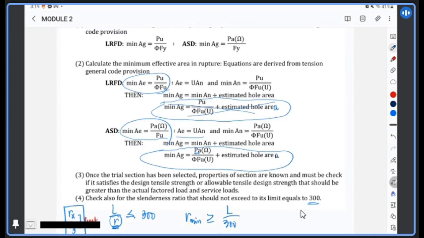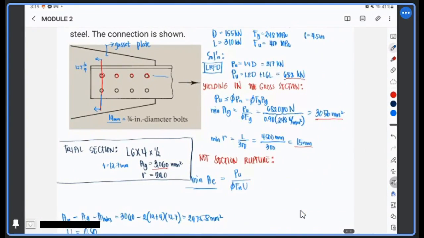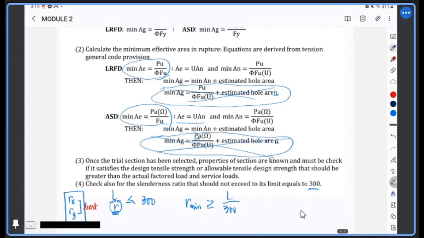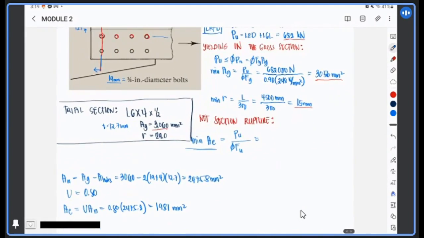We will just use this. Yung pinakataas. Tatanggalin ko yan. That's Pu all over phi Fu lang. Okay. Yung pinakataas lang. So to compute for our minimum effective net area, that's equal to 682,000.